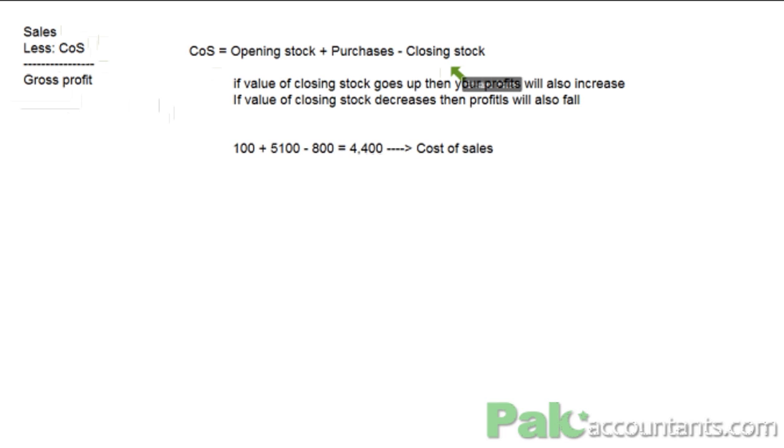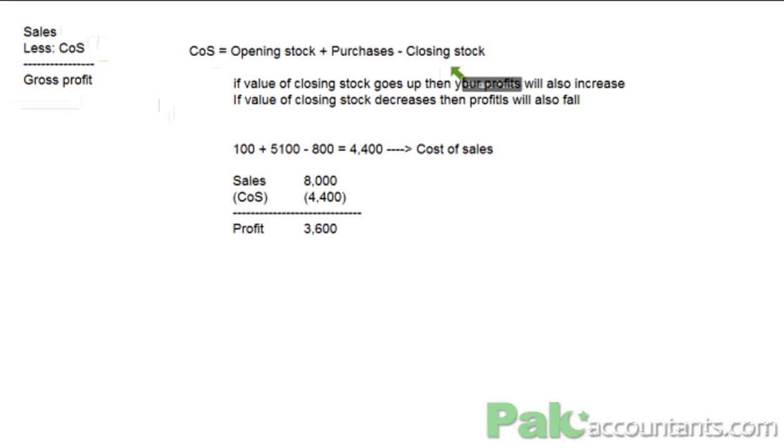Let's suppose further that your sales are 8,000. Deducting cost of sales from sales gives you your profit, and in this case your profit is 3,600.